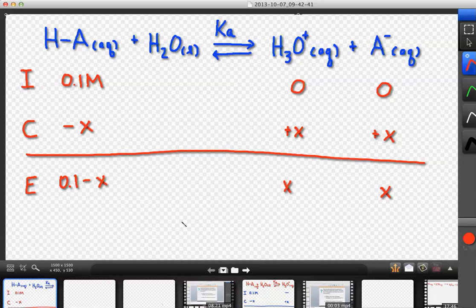The way I'd like for us to approach this problem is determine what this Ka is going to be, and then we can begin to see if we were justified in applying this approximation. So X, we know how much hydronium we have because we are told that the pH of the solution is 5.43.